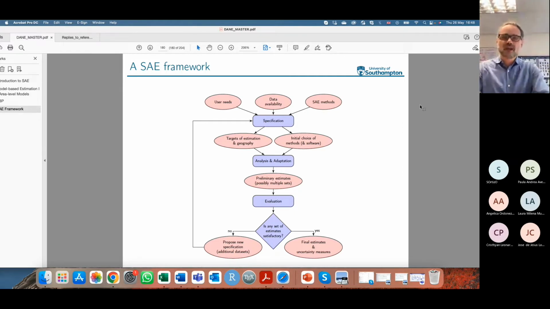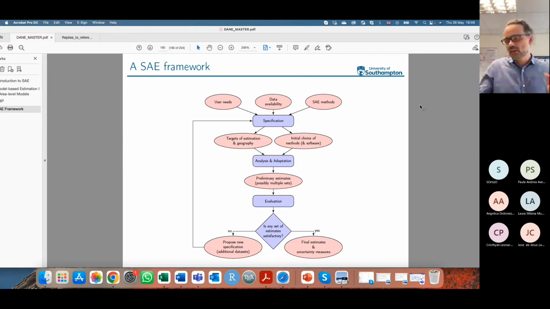So basically defining the parameters of interest, the population parameters of interest, defining the geography, and then identifying an initial set of methods that you can use is really important. And obviously, because methods have to be implemented, identifying also the software potentially available to use.